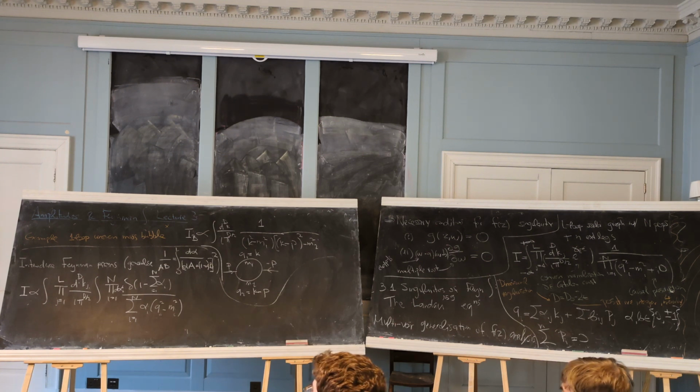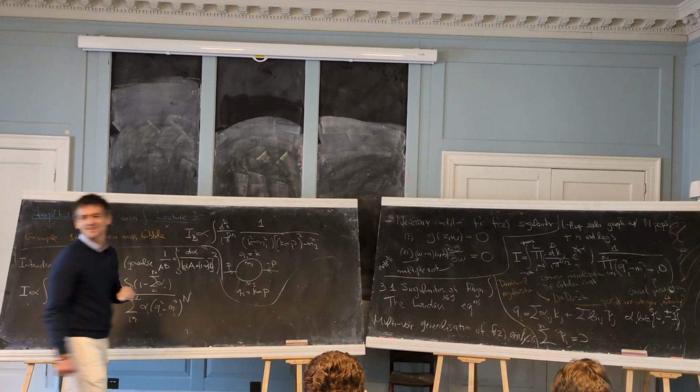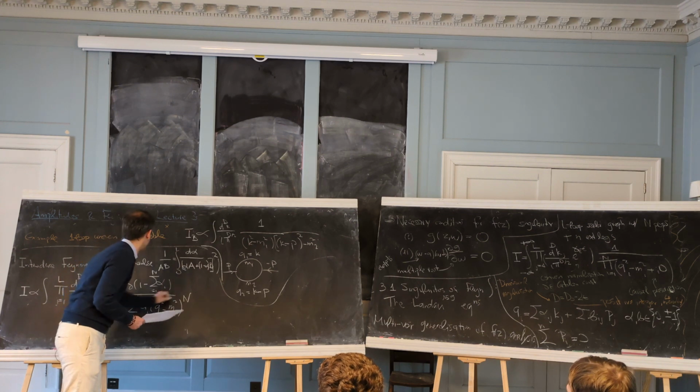To the end, you're right, to the end. Indeed, and that's 2 because over there you have 2 propagators. Thanks for being observant. Excellent. So this whole thing is to the end.